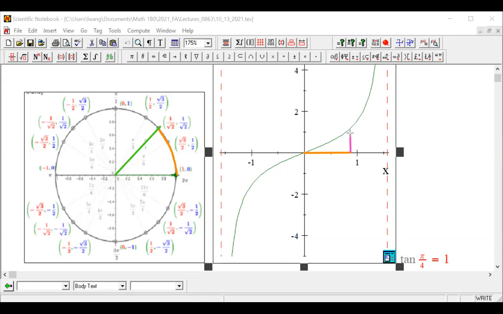That's the ratio between the blue and red: negative root 2 over 2 divided by 1 over root 2. So that's 1. So this is pi over 4, this orange pi over 4, and that's the ratio of 1. Do you guys understand that?